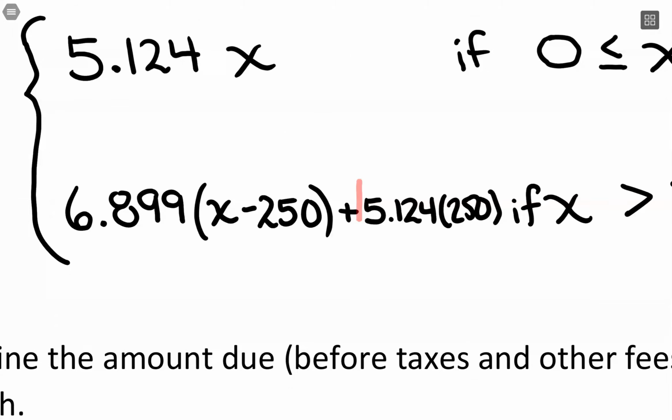What we have here is our first 250 kilowatt hours, and we're using that first cost. And then for each additional, say I use 251 kilowatt hours, I would pay this base cost for those first 250, and then by taking 251 minus 250, I get that one extra kilowatt hour that I spent, and that gets the charge of 6.899.